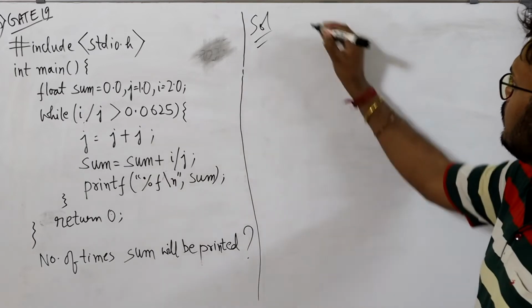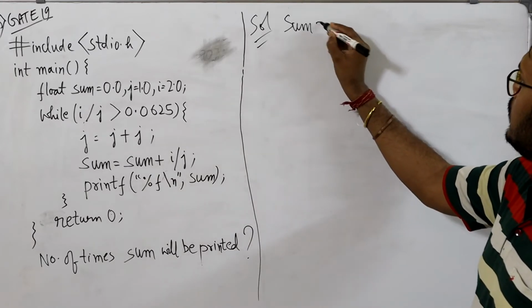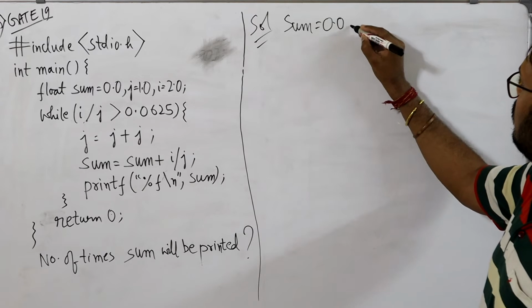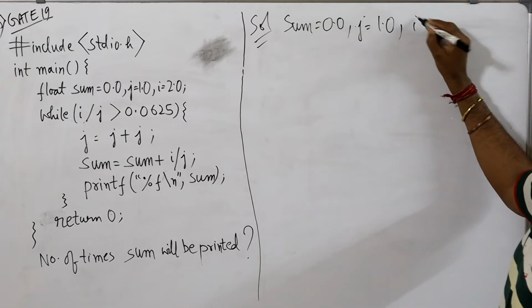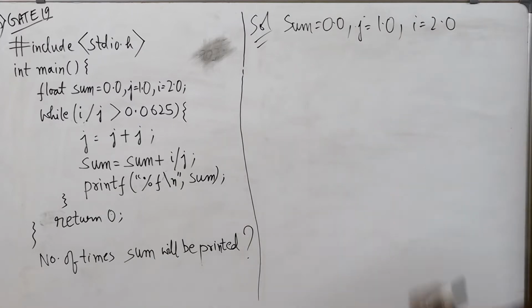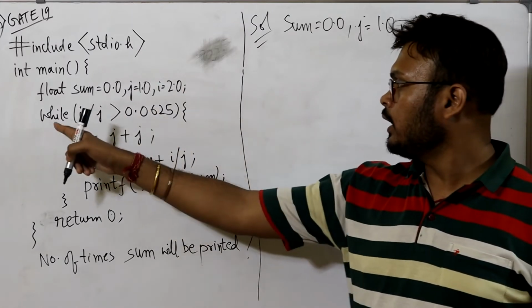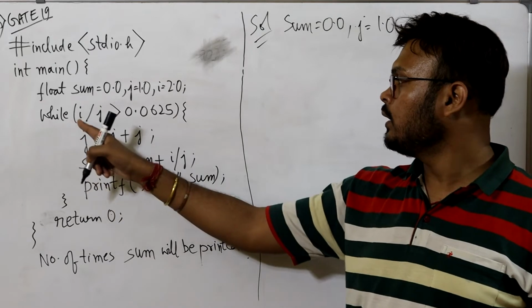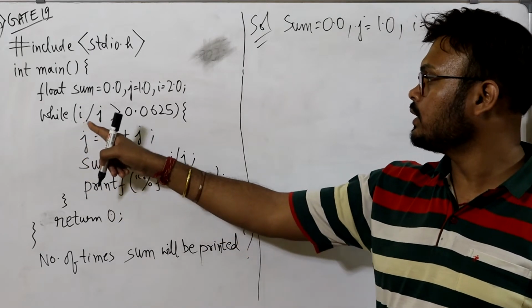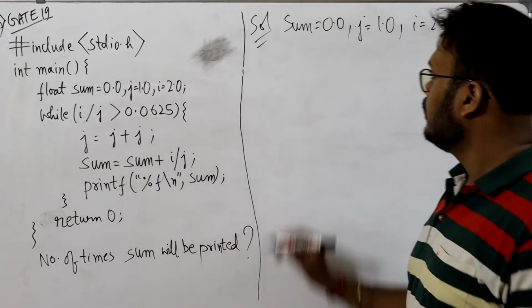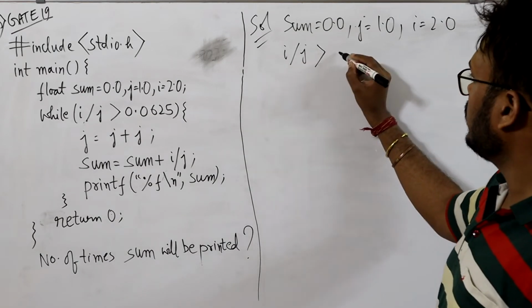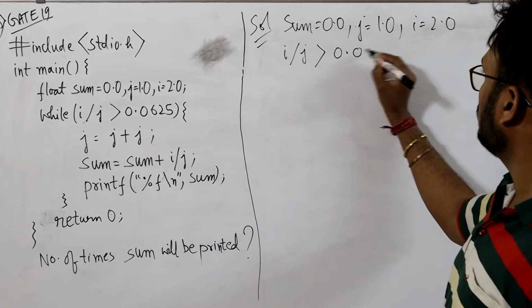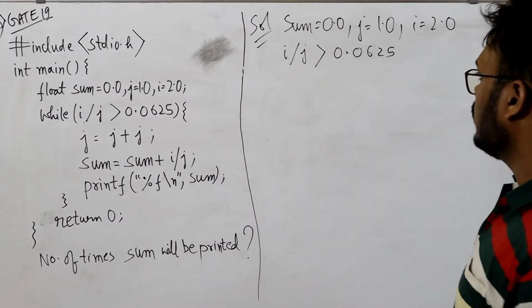So let me write here: sum equals 0.0, j equals 1.0, and i equals 2.0. Now you see a while loop is there, and what is the condition inside it? i by j greater than 0.0625.